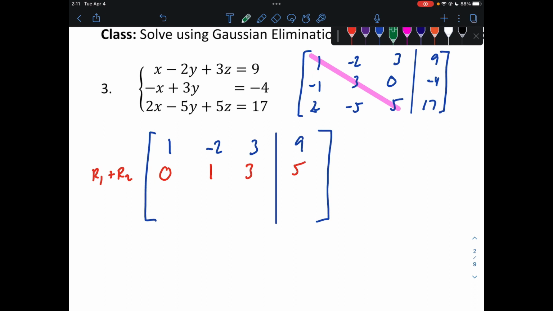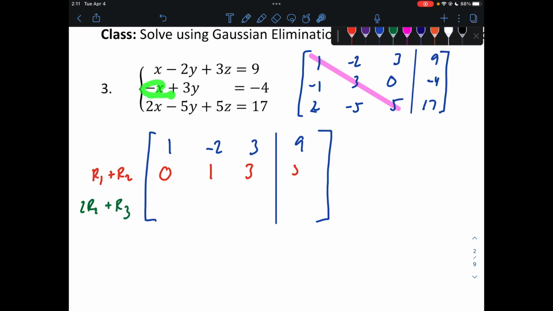Now we're going to do the same thing for the third row. We're going to try to eliminate an x again so we can get another 0 right here. There are 2 different ways you can do this. We can use these 2, or we can use these 2. It doesn't matter which one you want. I'm going to use the second one since it's already negative there, so I'm going to do 2 row 2s plus row 3.